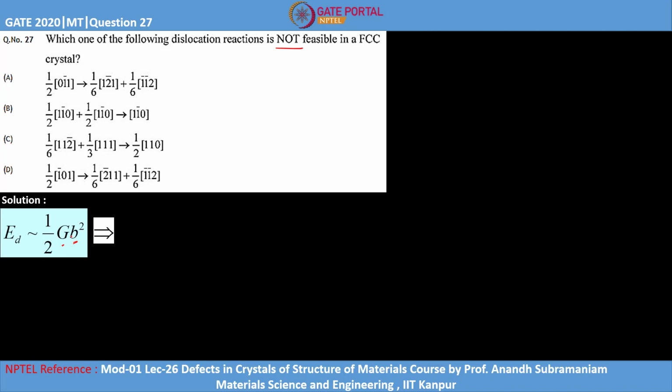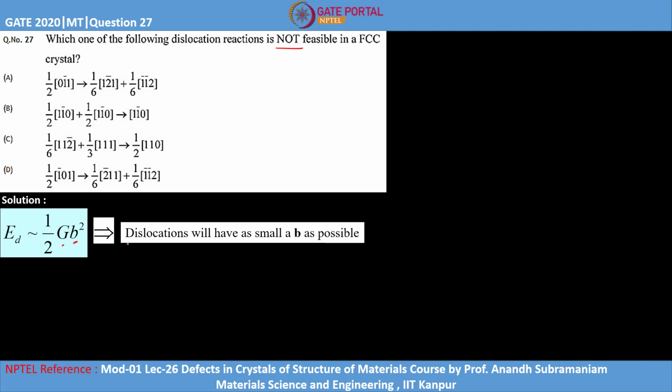So in order to achieve that, they want to keep the value of b as small as possible. They will minimize the Burgers vector in order to have minimum energy so that they can be stable, right?